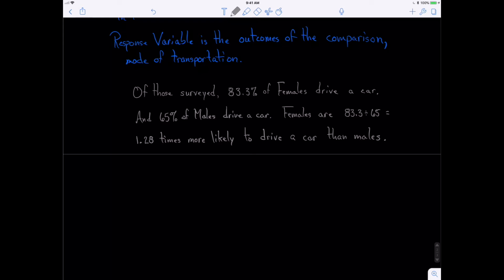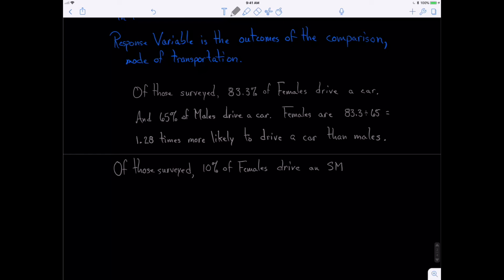Let's see. So we'd say of those surveyed, 10% of females drive an SUV or minivan.